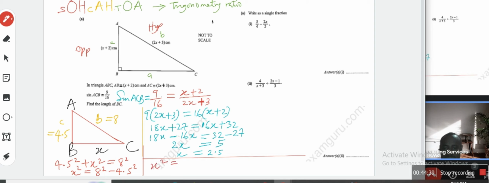Because x squared will be equal to 8 squared, which is 64, minus what? Let me get what 4.5 squared is. It's 20.25. Yeah. Alright, so x squared is what?